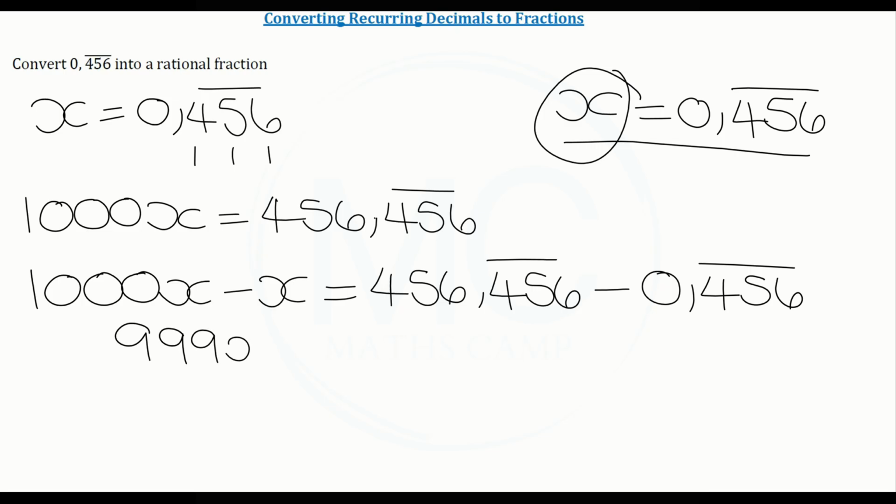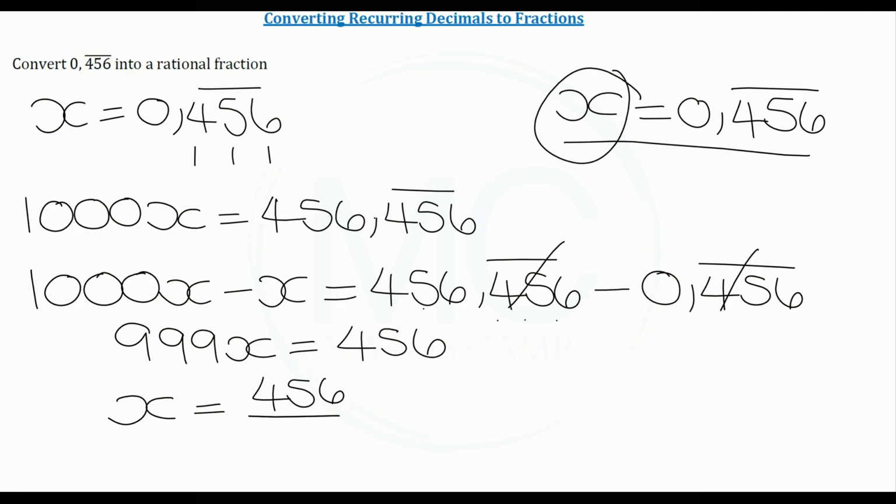999x. On the right, 456 recurring will cancel out. 456 minus 0 is 456. To get x by itself, let's divide both sides by 999, and we get x is equal to 456 over 999.